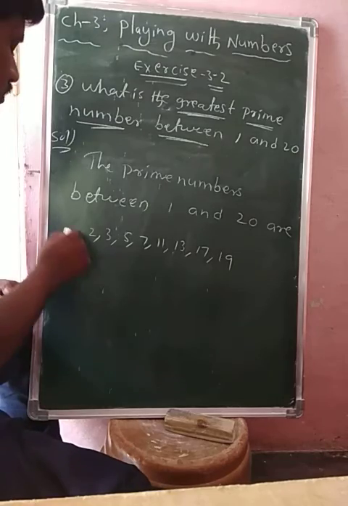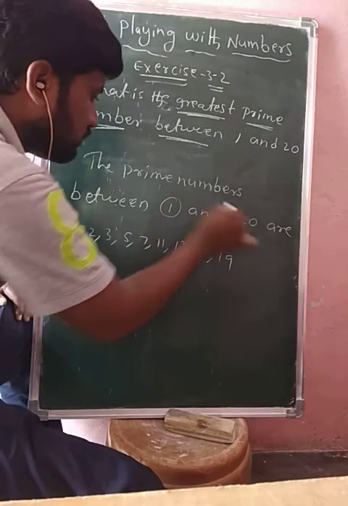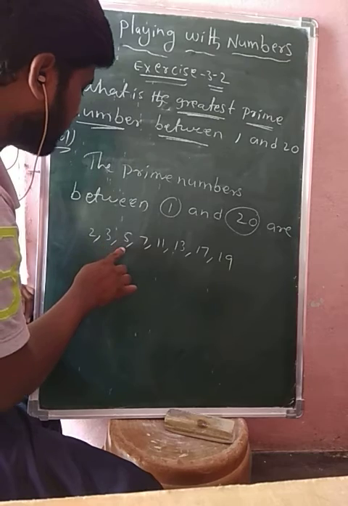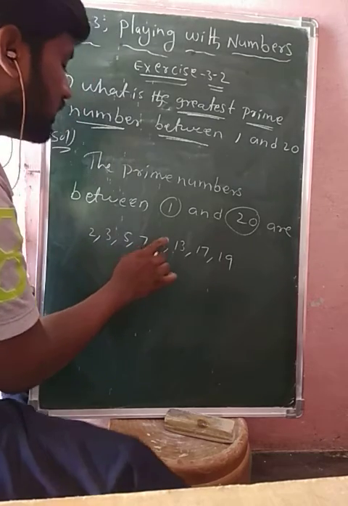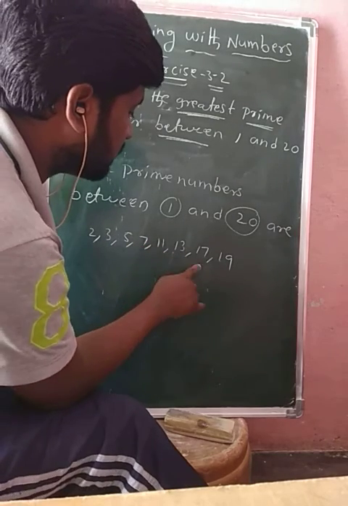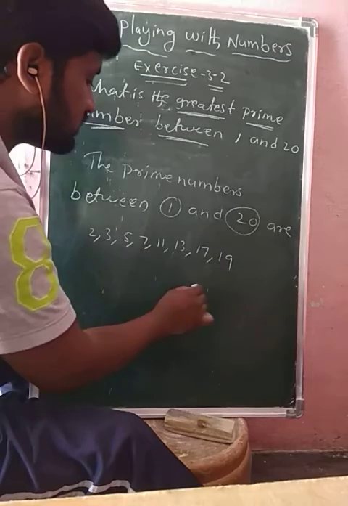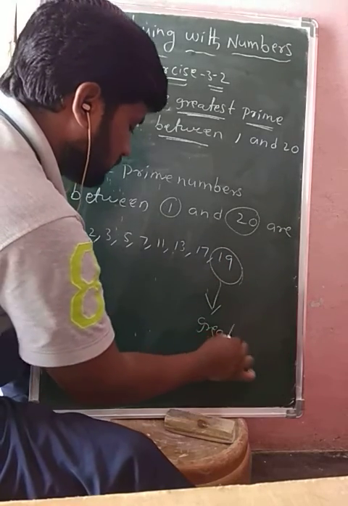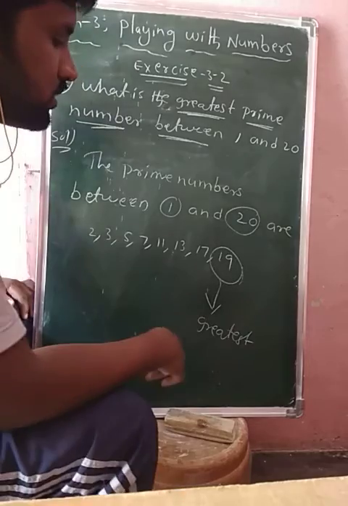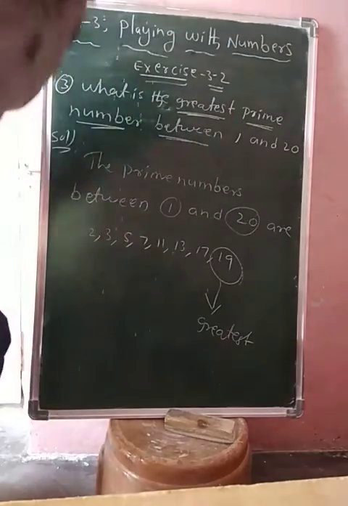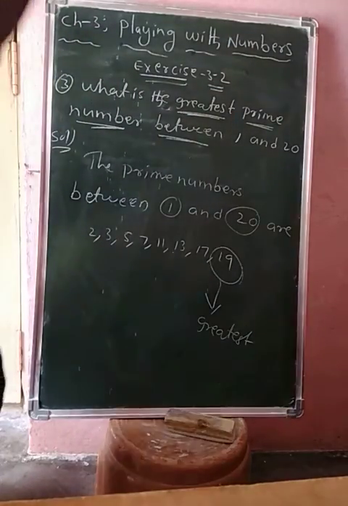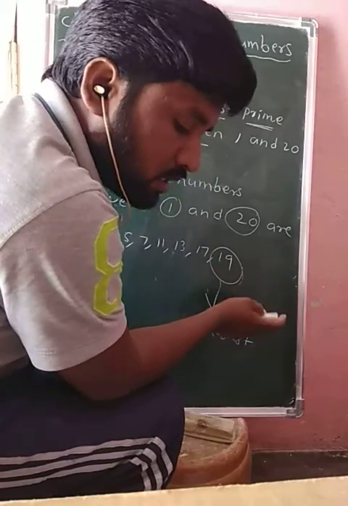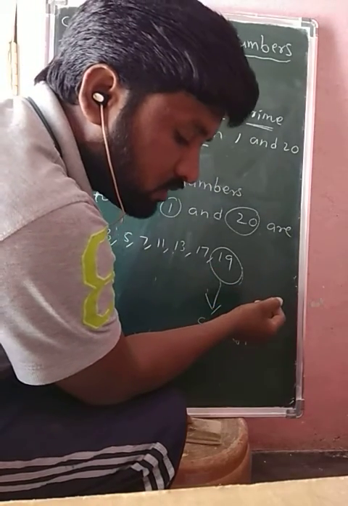Okay? The prime numbers between 1 and 20 are 2, 3, 5, 7, 11, 13, 17, 19. Out of these, which is the greatest? 19 is the greatest one. Have you understood? Is it clear? So this is the greatest prime number.